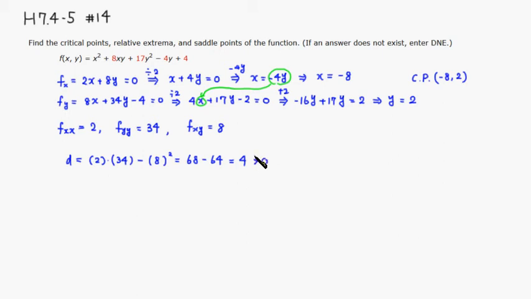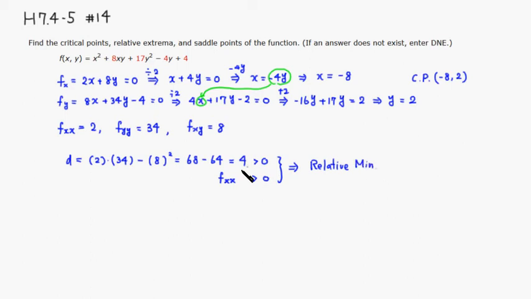And remember that the double partial with respect to x is 2, which is positive. That tells you this is going to be a relative minimum.